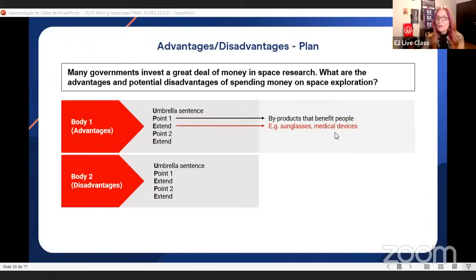So, for example, sunglasses, medical devices, these are byproducts that were in fact originally developed for space exploration with some kind of technology, and then the technology was transferred to everyday equipment. The second point that we could also highlight, and once again, the ideas don't have to be groundbreaking, but they have to be reasonable, right?